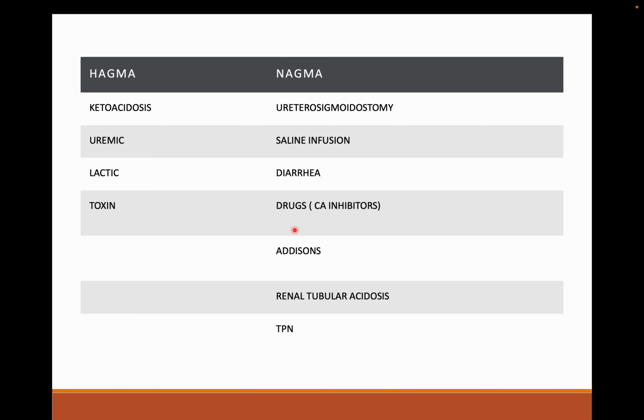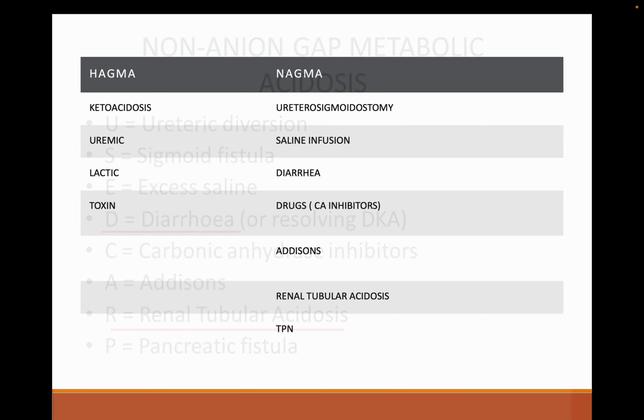In the case of acetazolamide, Addison's disease, and renal tubular acidosis, though there is a loss of bicarbonate, chloride is conserved, so normal anion gap metabolic acidosis is seen. In total parenteral nutrition also you see NAGMA. So these are the causes of NAGMA.